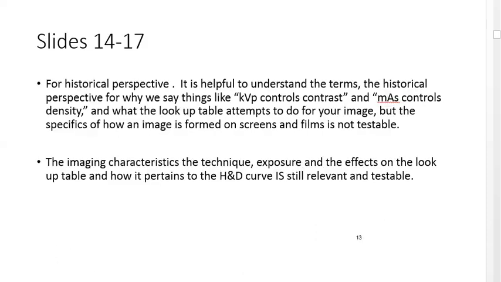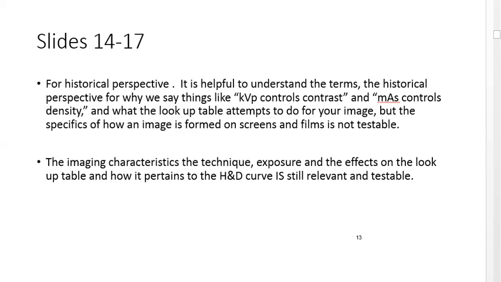Just for historical perspective, I want to explain how it is that kVp and mAs controlled contrast and density in a film screen world, and why we still say that kVp controls contrast and mAs controls density, and why there's sometimes different terminology that are synonymous with contrast and density in a digital world.